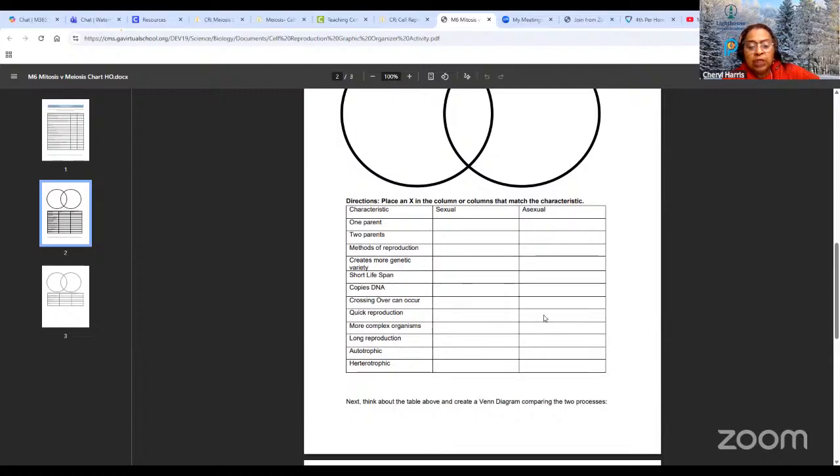Asexual is quick. More complex organisms is sexual. In other words, simple organisms usually do one of the variations of asexual reproduction that we had on our worksheet. It takes a long time for sexual reproduction. Autotrophs are things that feed themselves, so those are plants.